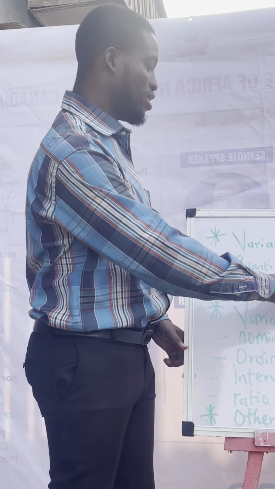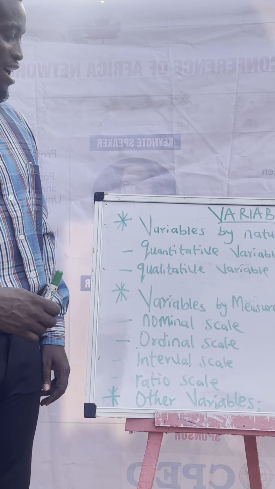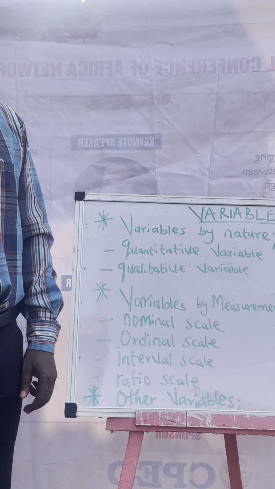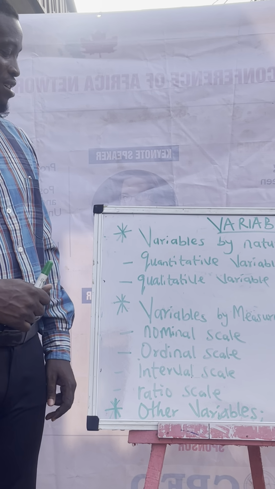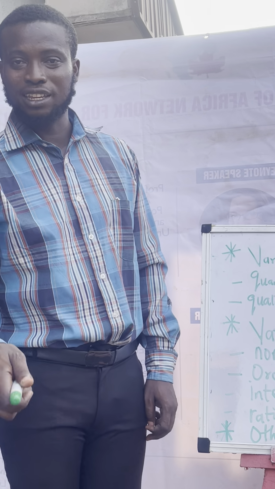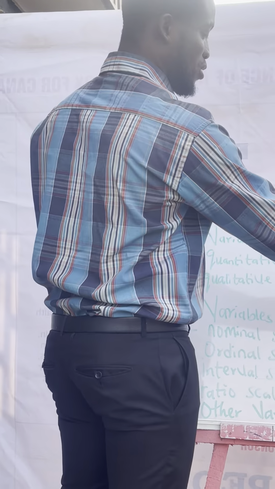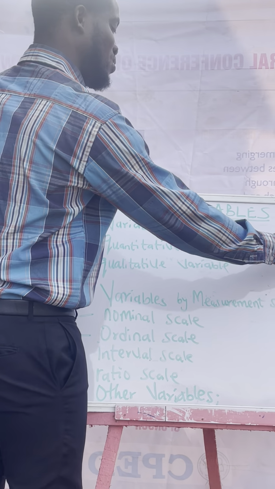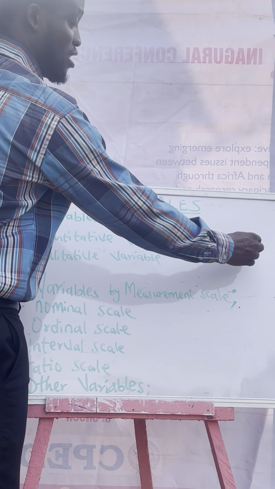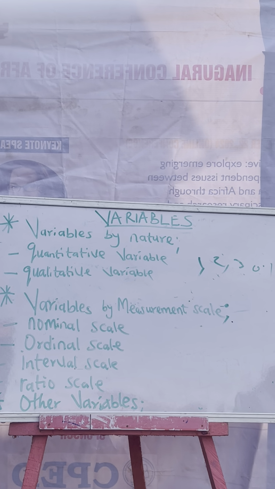So quantitative variables are variables that are measured and expressed in terms of numerals, or numerically, like 1, 2, 3, 0.1, as the case may be.